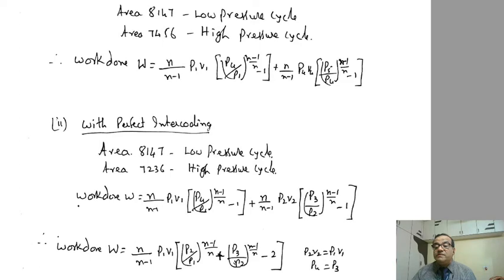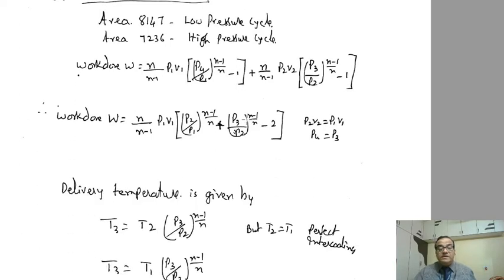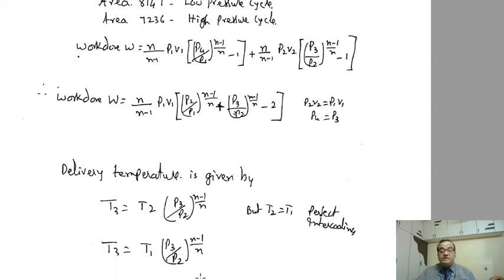Now work done W is n by n minus 1 P1 V1 [(P2 by P1) to the power of (n minus 1) by n plus (P3 by P2) to the power of (n minus 1) by n minus 2]. P2 V2 is equal to P1 V1 there, and P4 is equal to P3. So that's what has been substituted here.